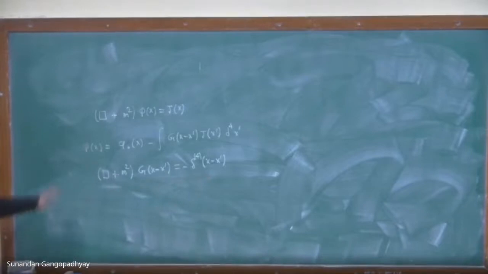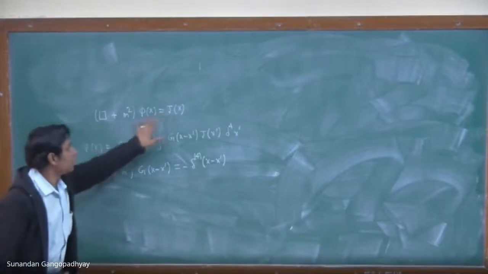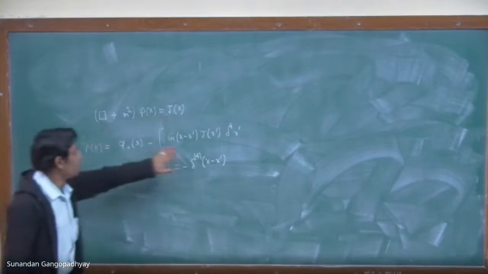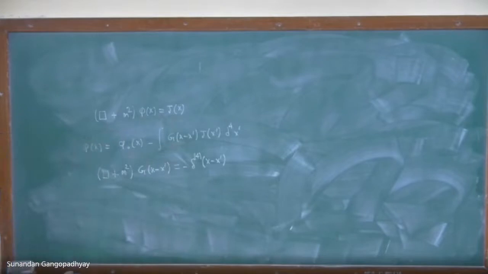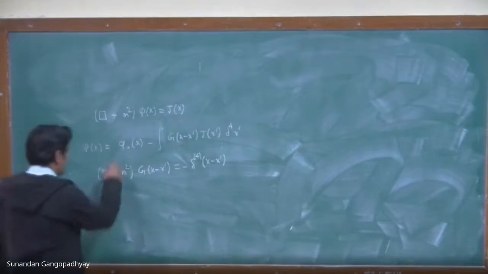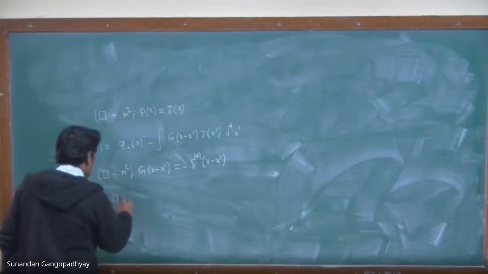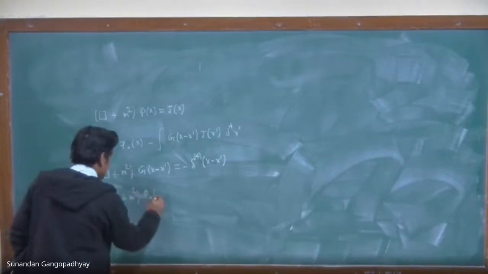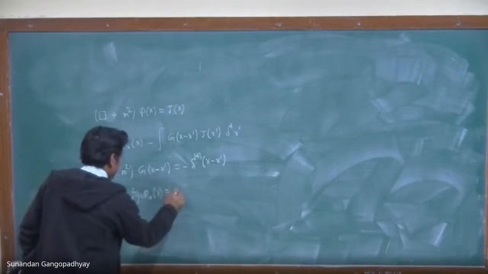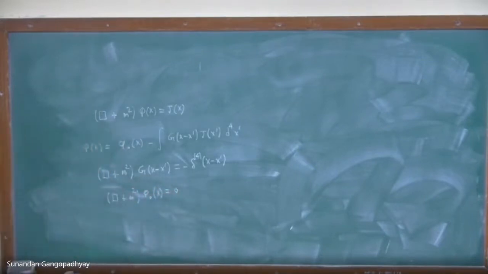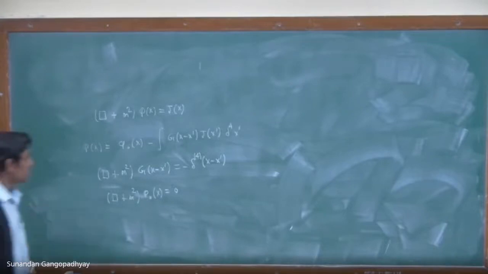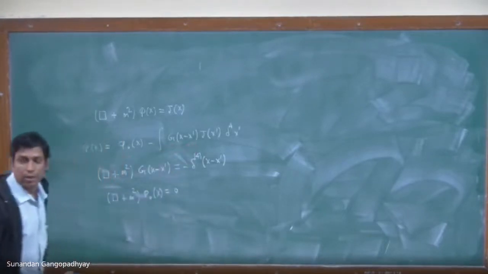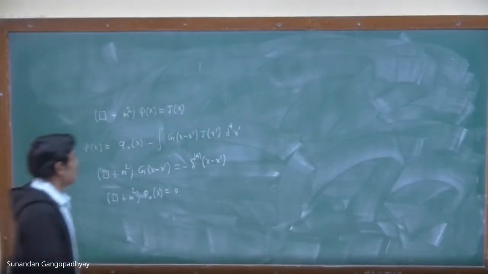The solution of this inhomogeneous partial differential equation is given in terms of the Green's function. And what is phi naught x? Phi naught x satisfies the homogeneous Klein-Gordon equation.